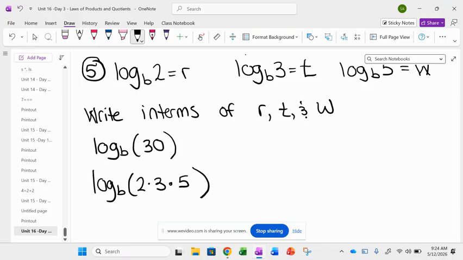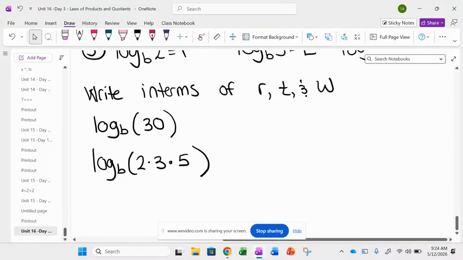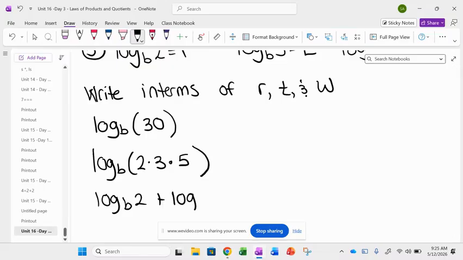All right, I haven't changed anything, right? 30 is the same as 2 times 3 times 5. I haven't changed anything. But now, because it's a multiplication between the argument, can I turn that into addition? So this is log base b of 2 plus log base b of 3 plus log base b of 5.